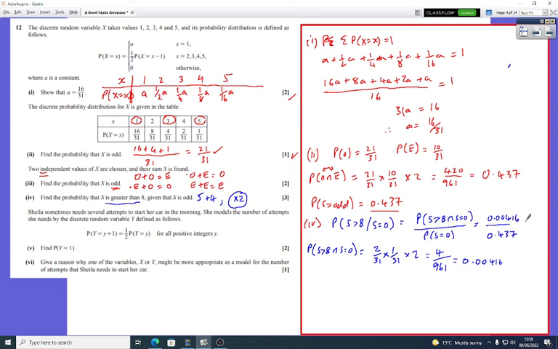So put that over here, 0.0416. If you work that out, that divided by 0.437, you're going to get an answer of 0.00952. So I'm going to write that out again here.